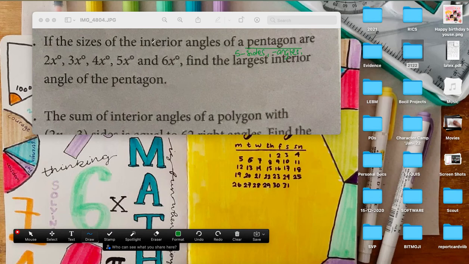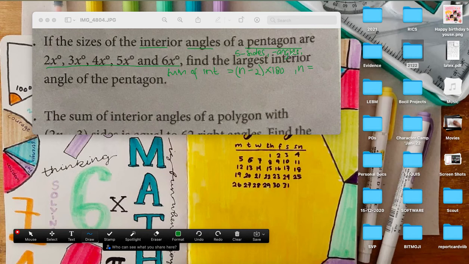if the sizes of the interior angles of a pentagon are this, so then the sum of the interior angles will be n minus 2 times 180, while n is the number of sides or number of interior angles or exterior angles.